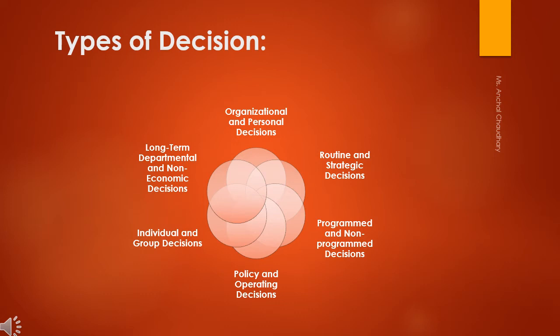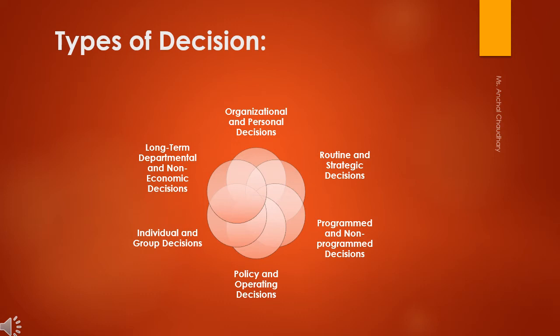So your operating decision is based on your policy decision only. Operating decisions are less significant. They are related to the day-to-day operations of the organization, and they are taken while keeping in view the policies that have been decided by the organization.